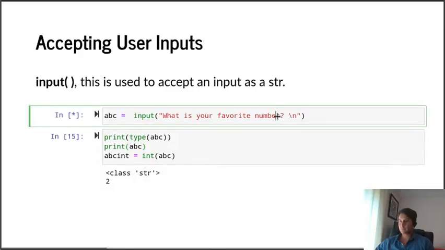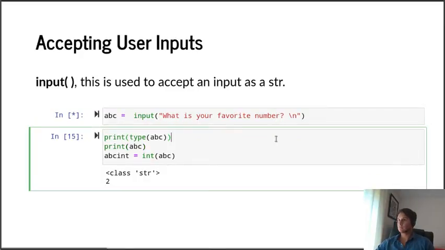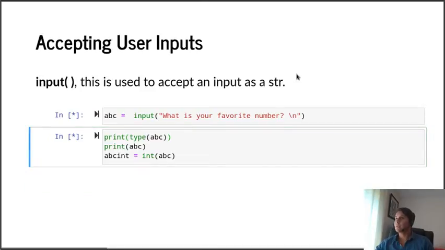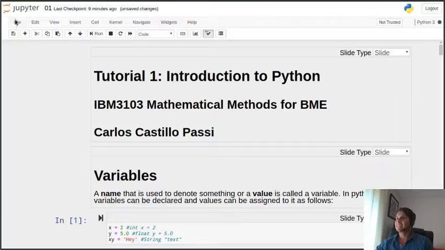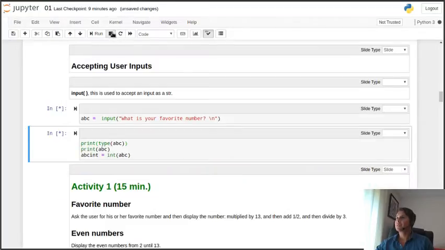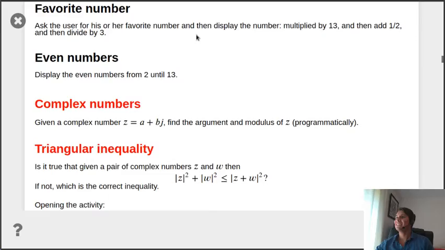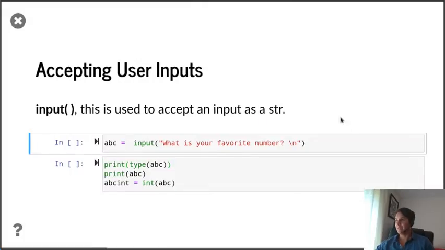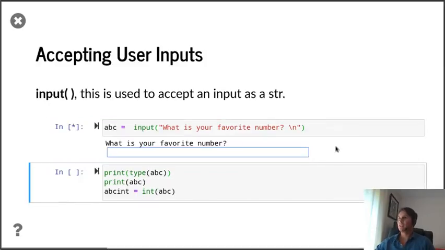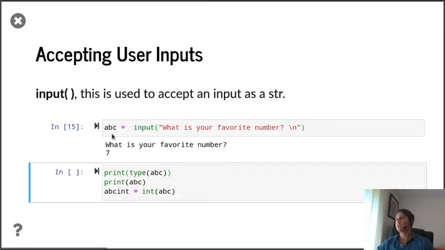Sorry, I need to stop the execution of the cell because I didn't respond, so it got mad. Okay, here. What's your favorite number? My favorite number is 7, so I answer, and the variable ABC now is 7.